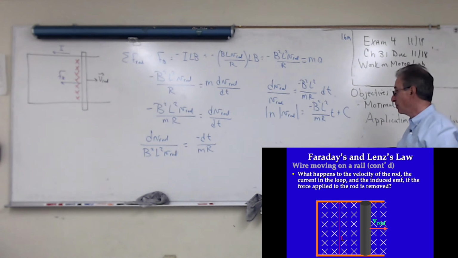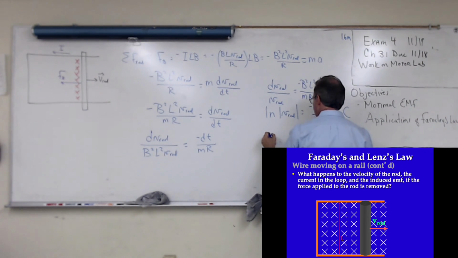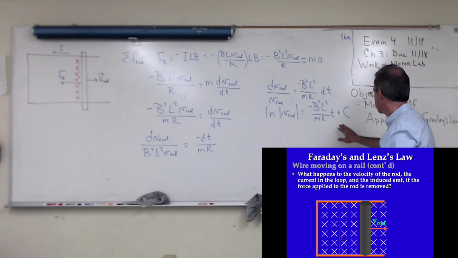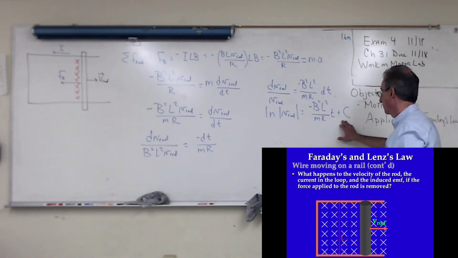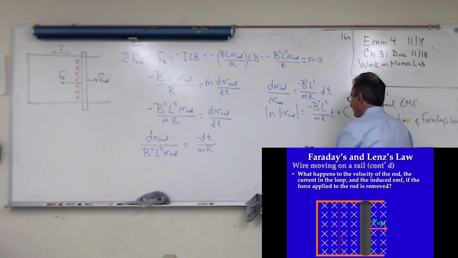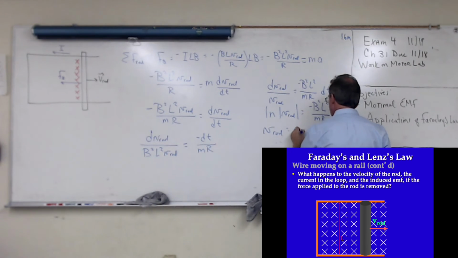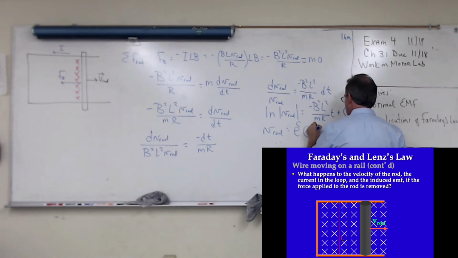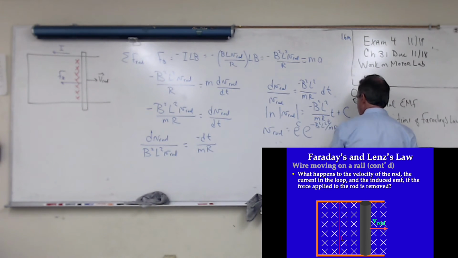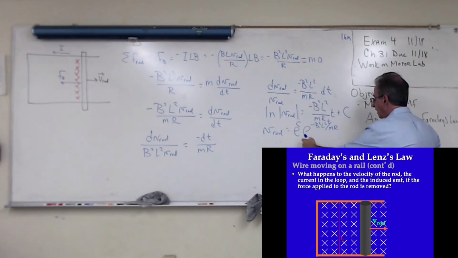Then exponentiate both sides. You guys still can see this? Yeah. Okay. This is a constant, e to the c.